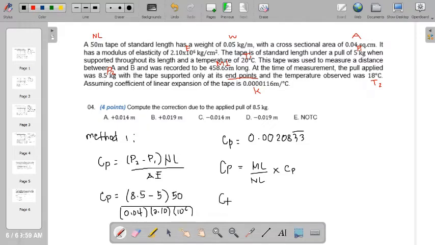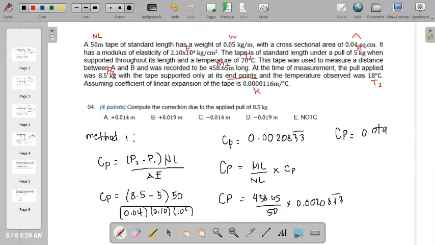So C sub P, correction due to pull, is equal to 458.65 divided by 50, and then multiply to 0.002083. That's repeating.